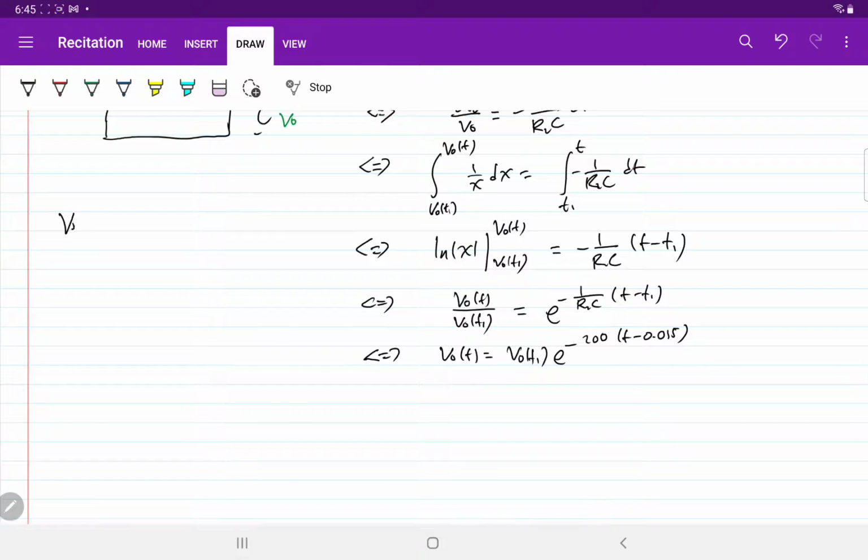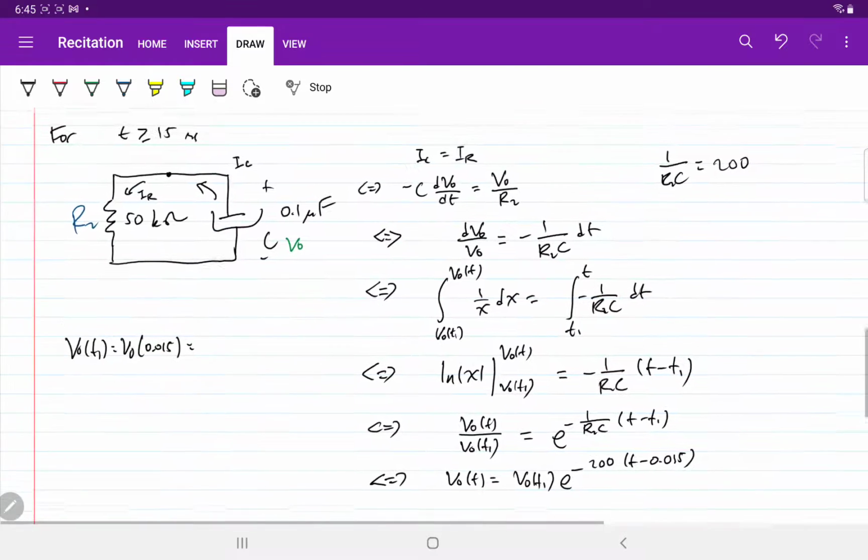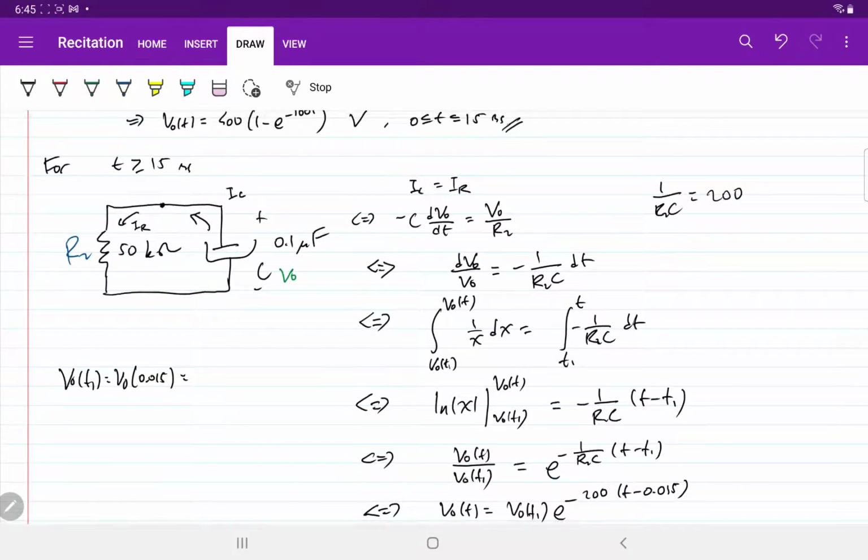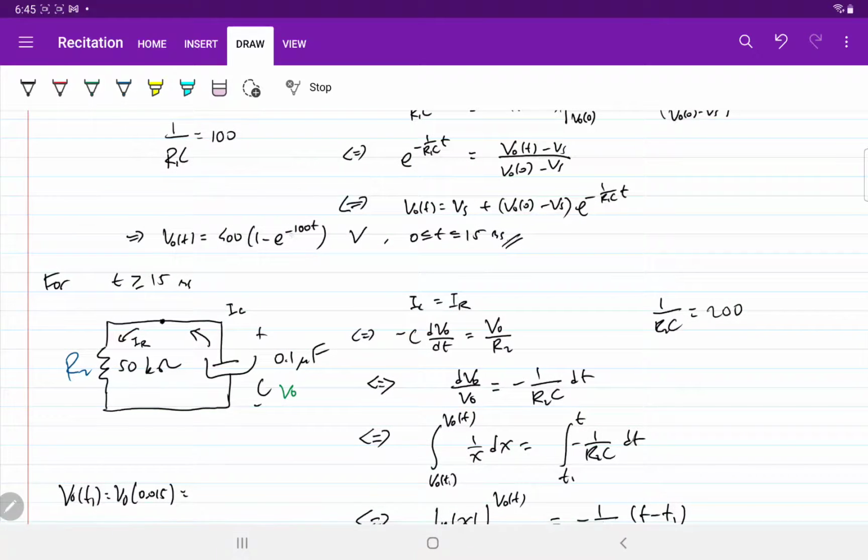But what is V0 of t1, or V0 at 15 milliseconds? We can plug in t1 equals 0.015 into the previous equation.